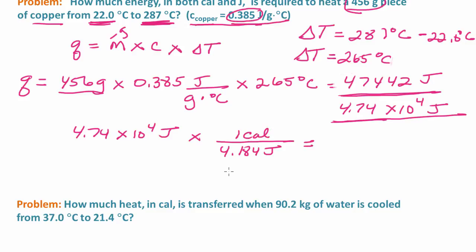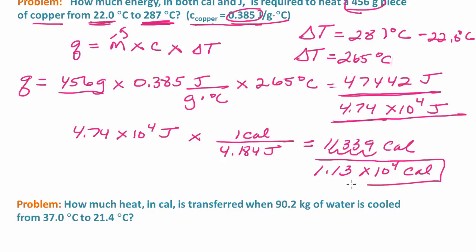And that would be 11,339 calories. And we need to get the proper number of sig figs: 1.13 times 10 to the 4th calories. So we did this in both joules and calories.